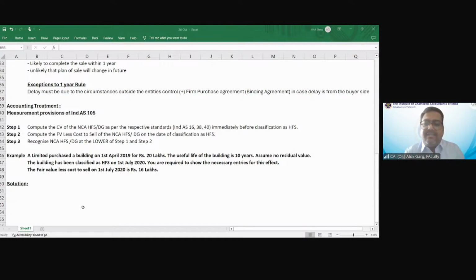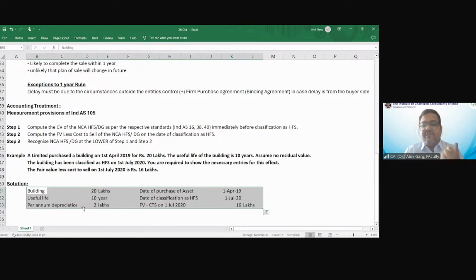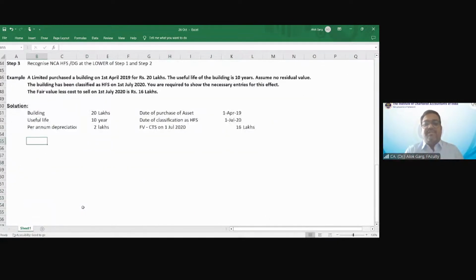What is my date of classification as HFS? 1st July 2020. What is my fair value less cost to sell on 1st July 2020? 16 lakh, which is given in the question.